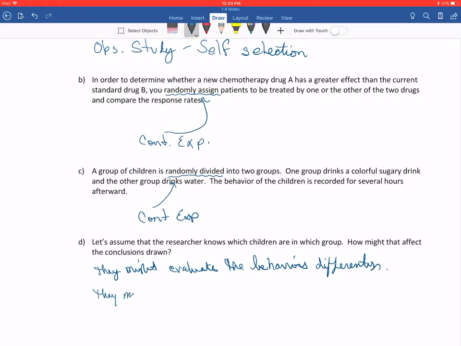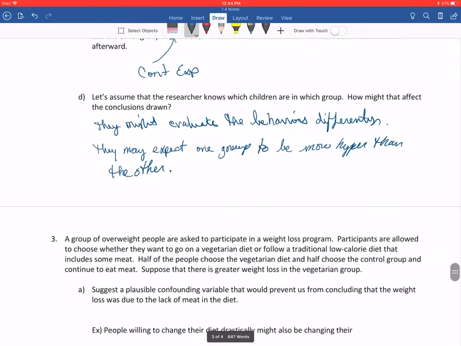They may expect one group to be more hyper than the other. So they might observe two children acting basically the same way, but because they expect the one who has drank the sugary drink to act that way, they might evaluate their actions differently. They might chalk the other child's behavior up to just being a typical 3-year-old.